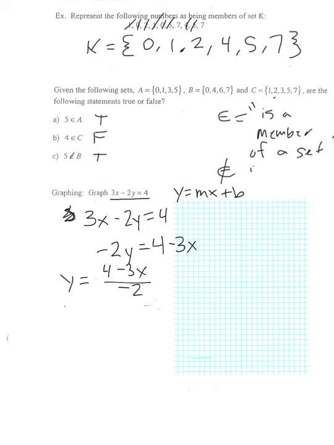So 4 divided by -2 is -2. And -3x divided by -2, well, I could write that as plus 3x over 2. All right, so last thing I'm going to do, using the commutative property of addition, is switch the order of this.